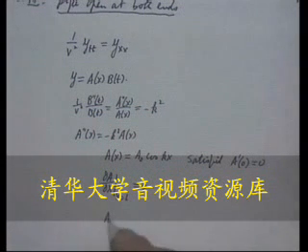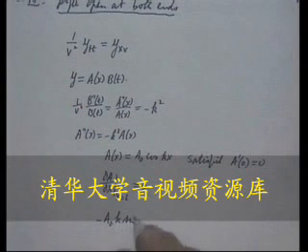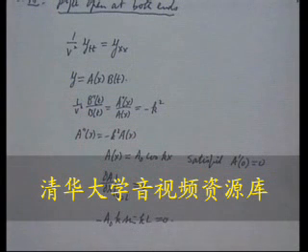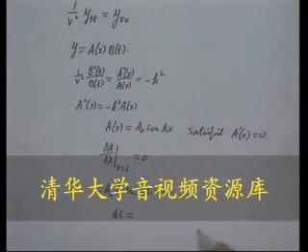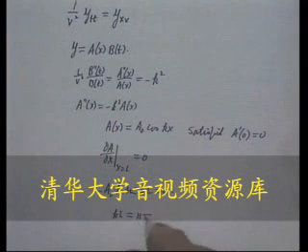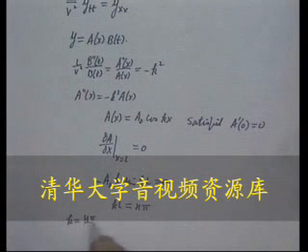That means minus A0 k sine of kL is equal to 0. So kL is equal to m pi. That means k is equal to m pi over L.